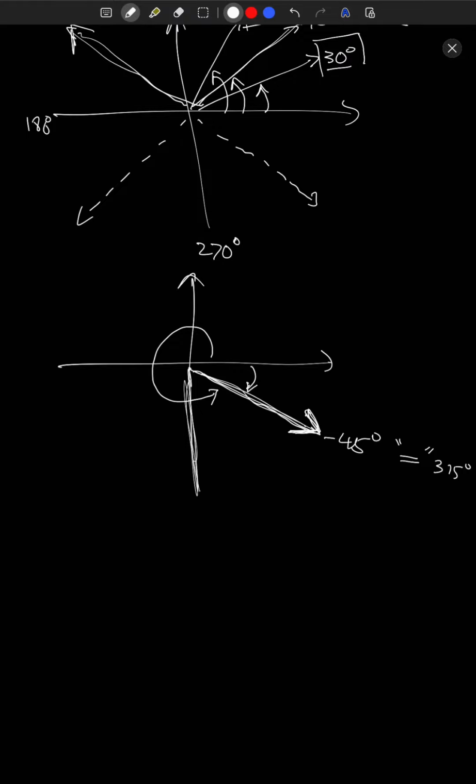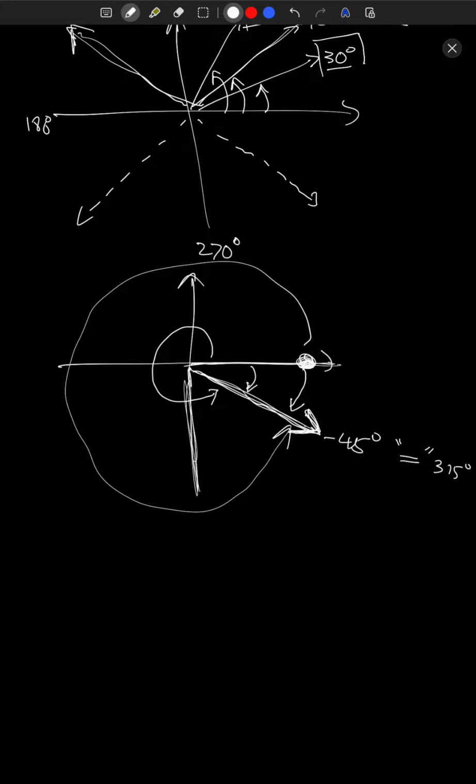But again, in practice, we might not want to consider them to be the same, especially when we're talking about motion, right? There's a big difference between motion where we start out here and move to there, compared to if we start out in the same place, but we move in the opposite direction. One is moving counterclockwise, the other is moving clockwise. We happen to end up at the same position, but our motion was very, very different.